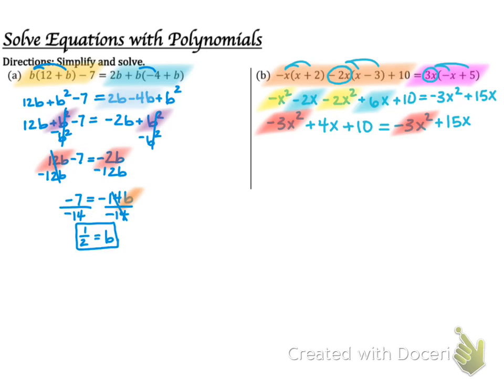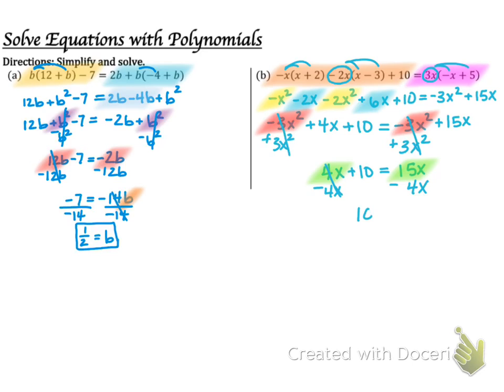I have x squareds on both sides, so I add 3x squared to the left, that cancels. Add 3x squared to the right, that cancels as well. So from the left-hand side, I have 4x plus 10. From the right-hand side, I have 15x. I now have these two terms that have an x in them. So I subtract 4x from the left, which cancels, and I subtract 4x from the right.